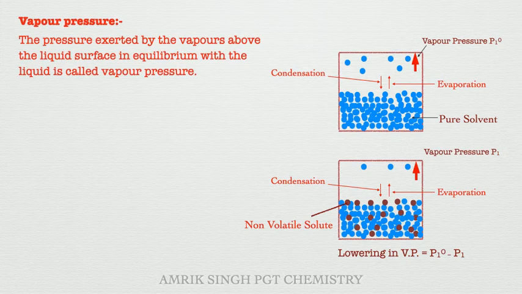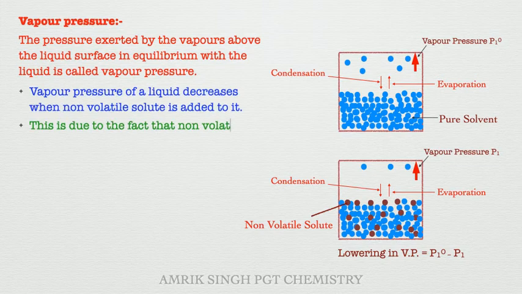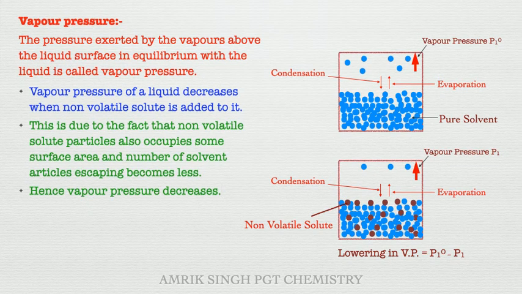And now, what is vapor pressure? The pressure exerted by the vapors above the liquid surface in equilibrium with the liquid is called vapor pressure. The vapor pressure of a liquid decreases when a non-volatile solute is added to it.